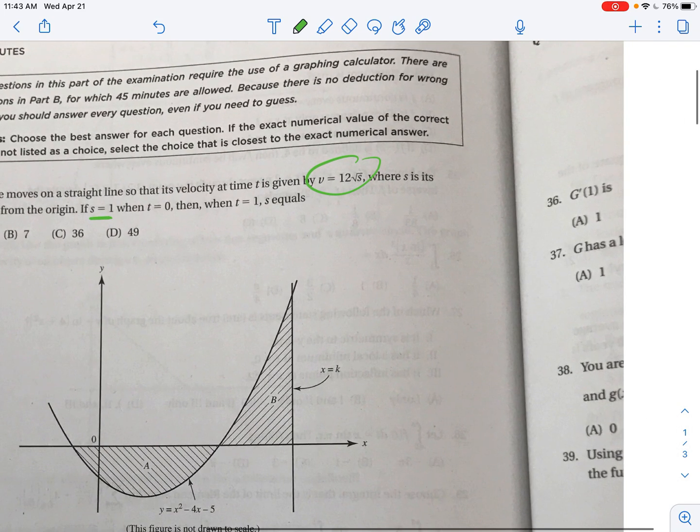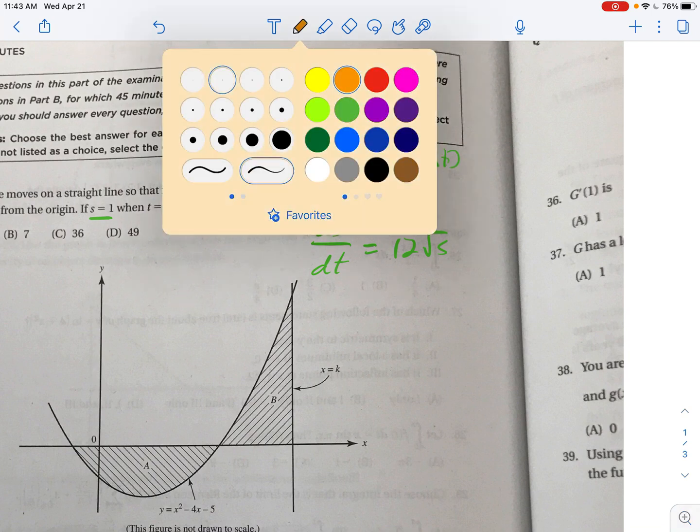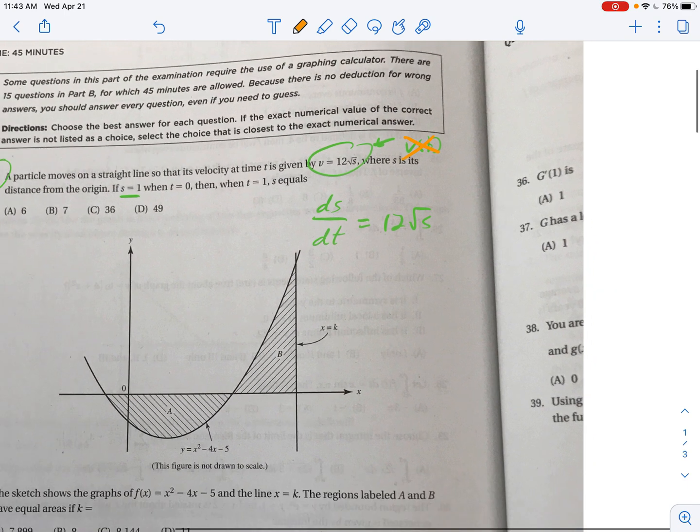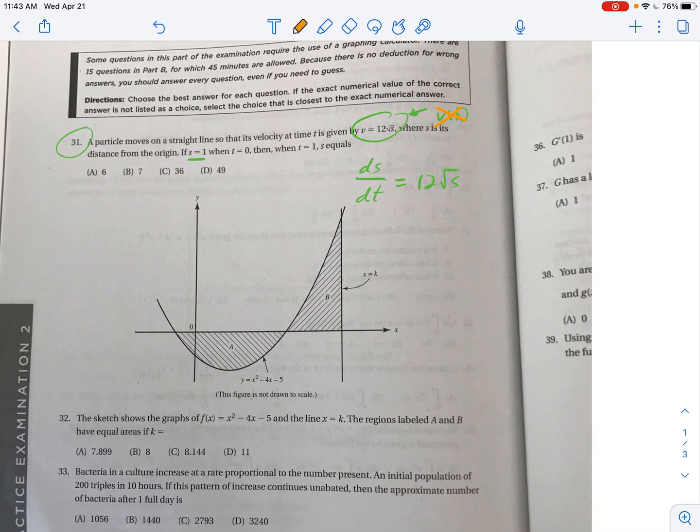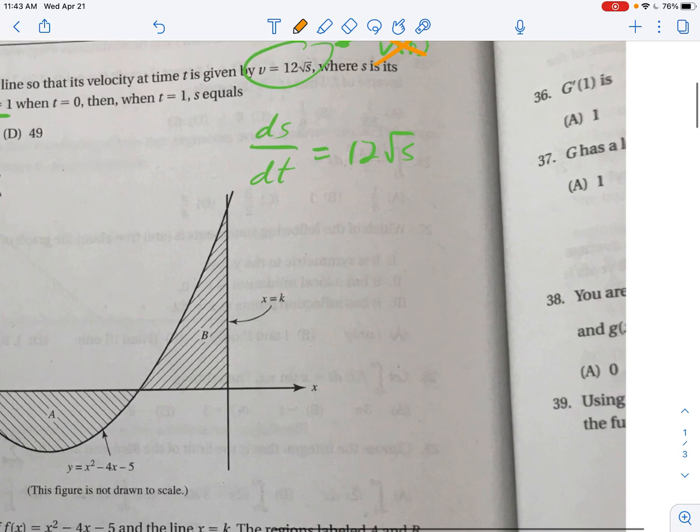So what we have here is that the rate at which position changes is 12 times the square root of position. This is not velocity as a function of t. It is describing how velocity is related to position. So this is a differential equation to be solved.